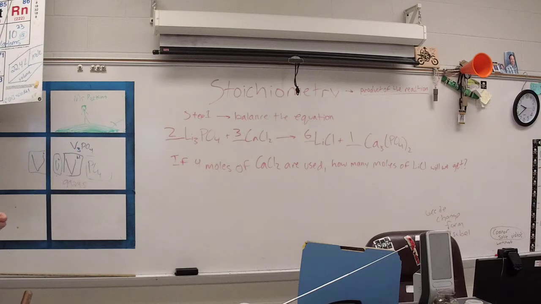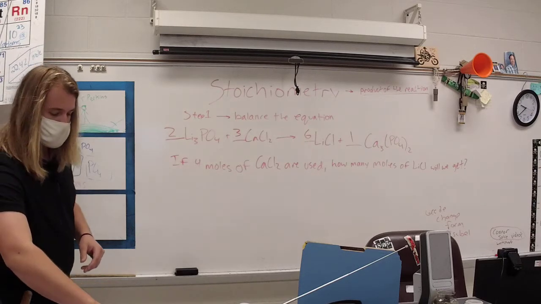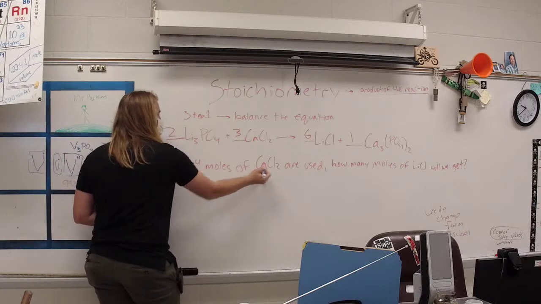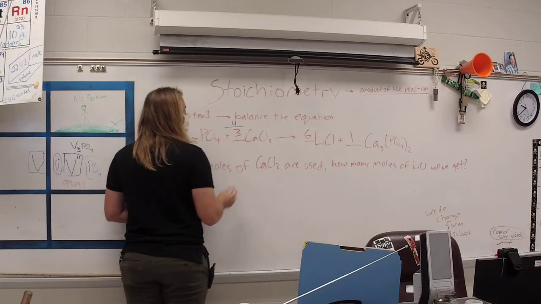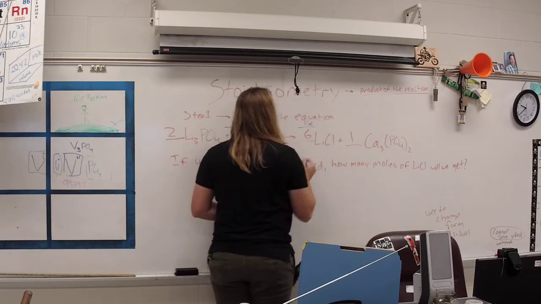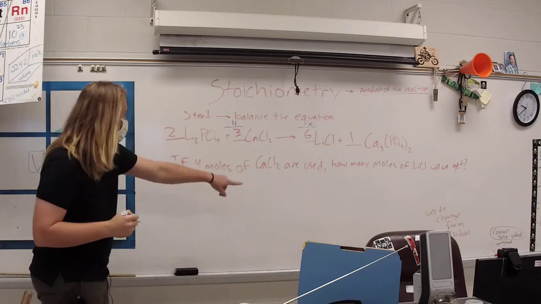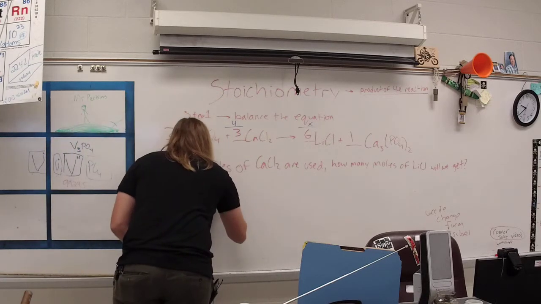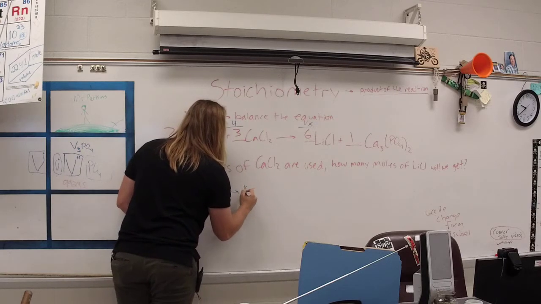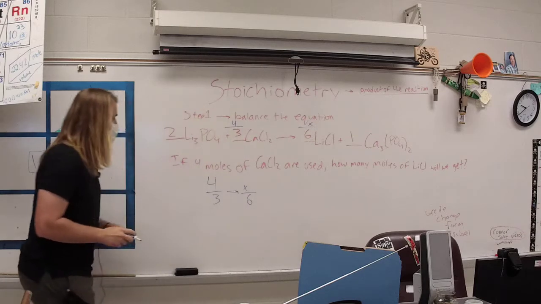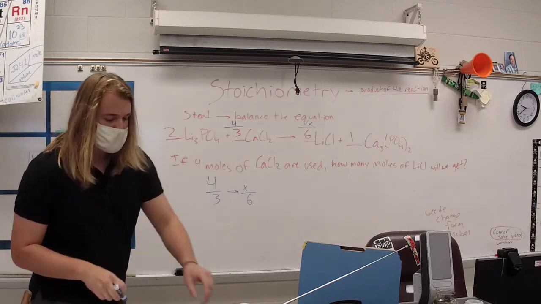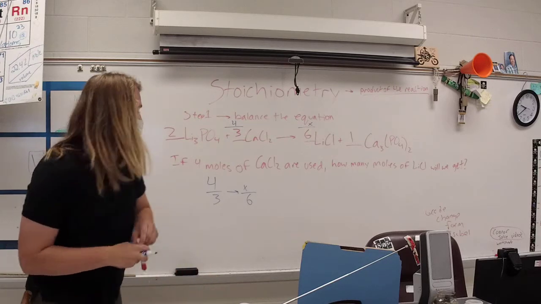It's a little bit trickier, but there's a good way to do this. So 4 instead of 3. How many LiCl? We'll throw an X. I'm actually going to bring this down here. We have 4 over 3, and we want it to do the same as X over 6. We want those to be equal.